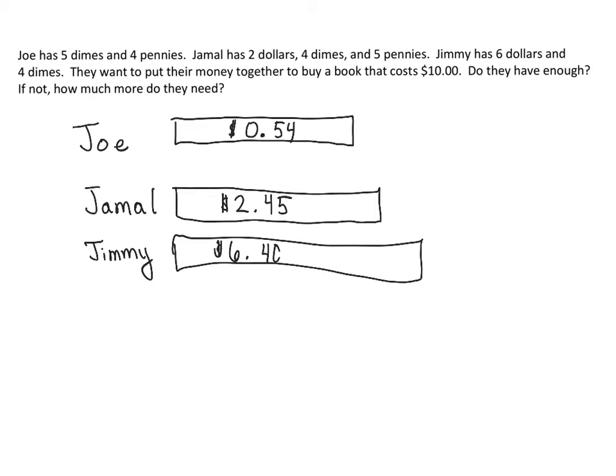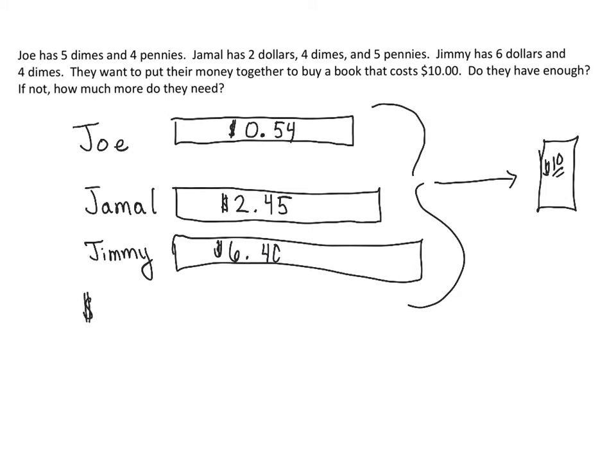All right? And they want to be able to put all of their money together to buy a book that costs $10. So what we have to do is first add up all their money. So I'm going to put $6.40 because that's the biggest amount.